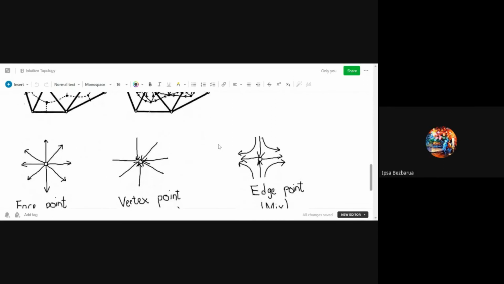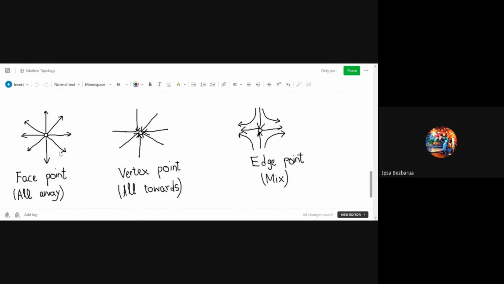So I've added a diagram here. This is how the vector field looks at the various points on the curvilinear network. For a face point, they're all moving away. For a vertex point, they're all coming towards it. And for an edge point, it's going to be a mix. The vectors approaching the edge point are coming from the two different face points.